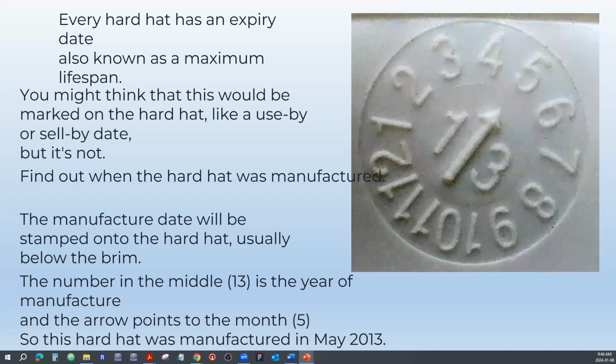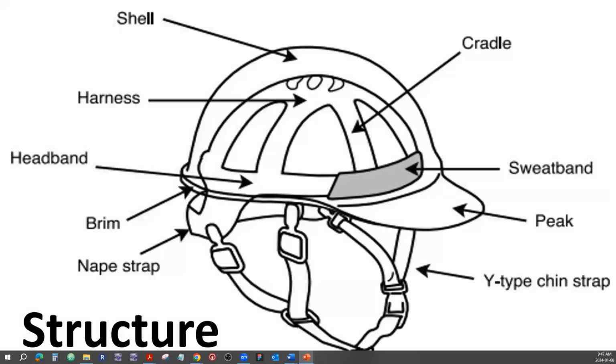The day of manufacture is stamped on the hard hat. And then, depending on the life expectancy of that one, you calculate from there. How do we look at this stamp? We find it underneath the peak. Sometimes it's underneath here. Sometimes it's somewhere on the inside, on the back, maybe on the shell.